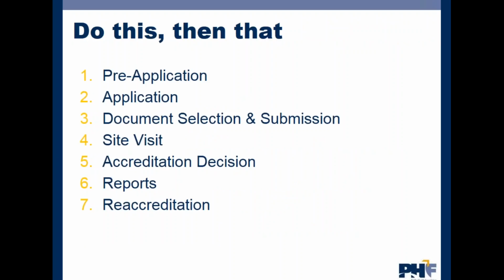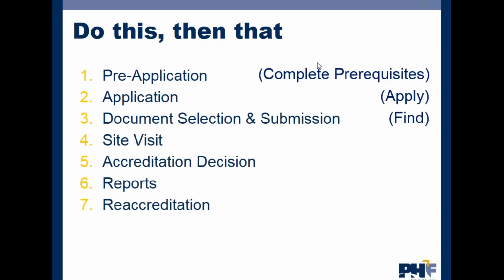You do this and then you do that. You finish this before you move on to that. So when you're doing step 1, the pre-application phase, you're completing your prerequisites. In step 2, you're doing your application. In step 3, you're finding and assembling all your documentation and submitting them.